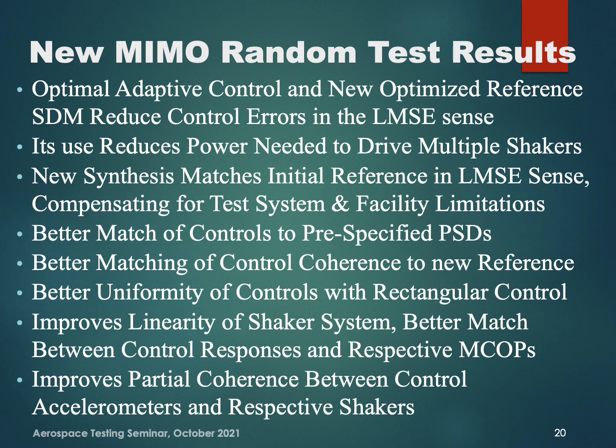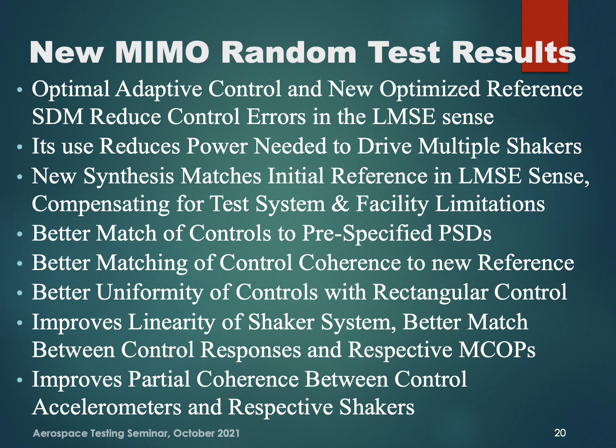Well, this then shows that the new MIMO random test results show that the optimal adaptive control and new optimized reference reduce the control error in the least mean squared sense. It uses reduced power needed to drive multiple shakers. The new synthesis matches the initial reference in the least mean squared error sense.